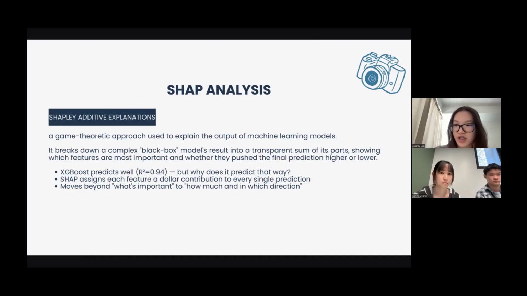SHAP asks how much each player actually contributed to the final score, and the result is that for every single route, we get a dollar value for each feature. The distance added $33, a monopoly added $47, and a low-cost carrier saved $18. So it turns a black box into a fully explainable system.